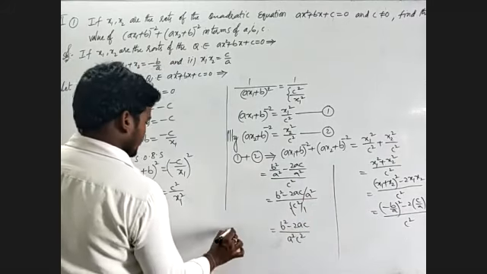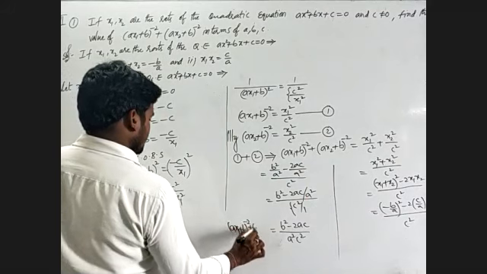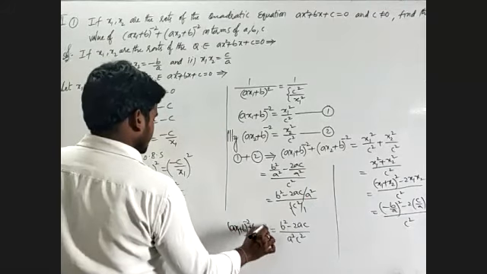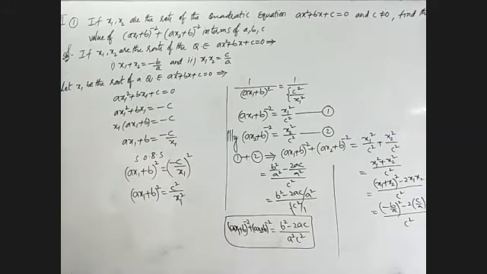This is the value of (ax1 + b)^(-2) + (ax2 + b)^(-2).